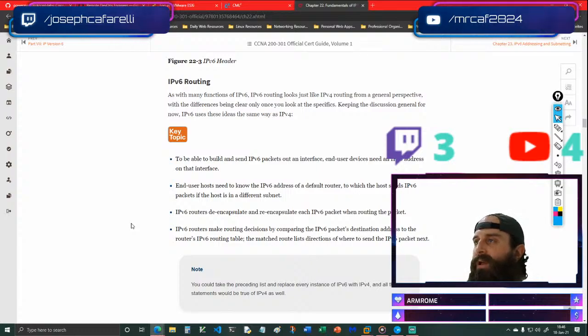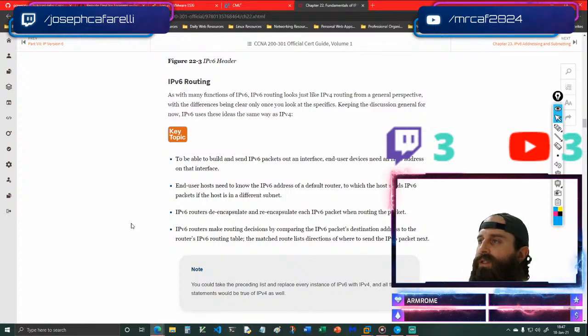So fundamentally, routing is generally about the same. To be able to build and send IPv6 packets out an interface, end user devices need an IPv6 address on the interface. The end user host needs to know the IPv6 address of the default router to which the host sends the IPv6 packet.